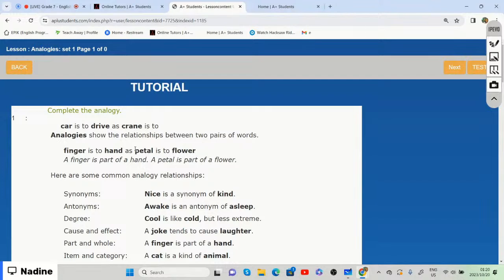And a crane, if you look at the word crane, what does a crane do? What is the purpose of a crane? We say the purpose of a car is to drive. But what is the purpose of a crane? Especially during construction, when they're building, which means that the purpose of a crane is to lift things.